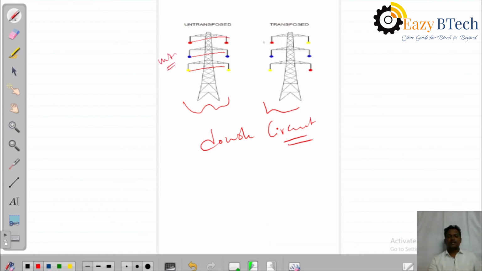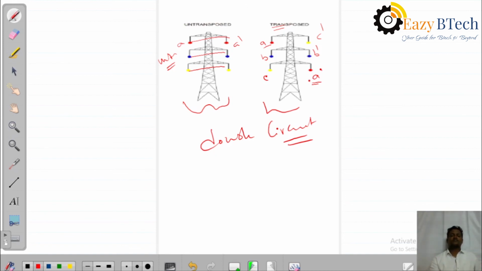Here the same color indicates the same conductors. Here the A dash conductors are at the same cross arm, but in the transposed case the A dash are different. The B dash are at the same cross arm, but the C dash are at different cross arms. Then it is termed a transposed double circuit line.